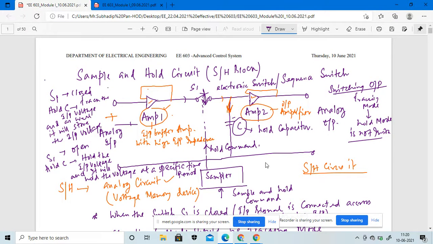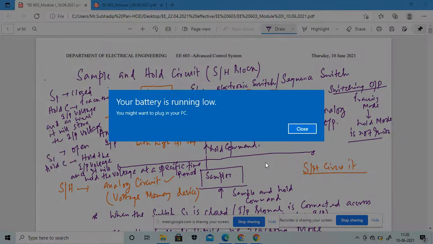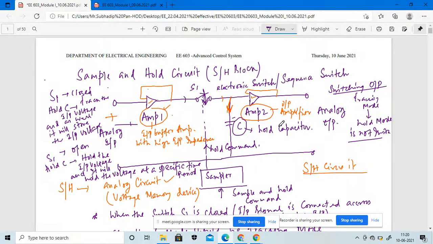The time interval during which the switching takes place, that is the time interval when the measuring amplifier is acting, is actually called the aperture time.